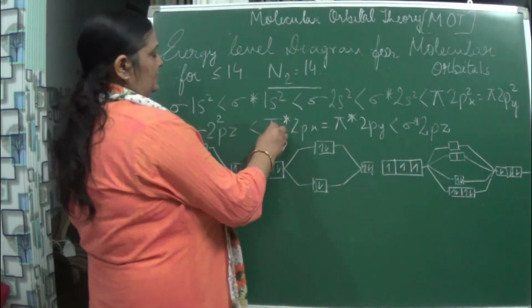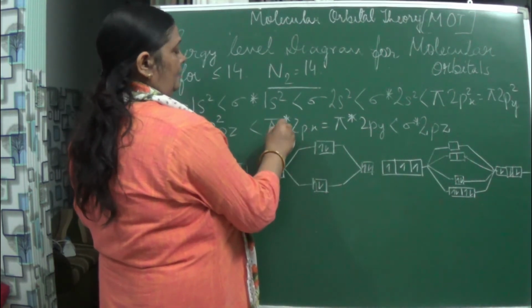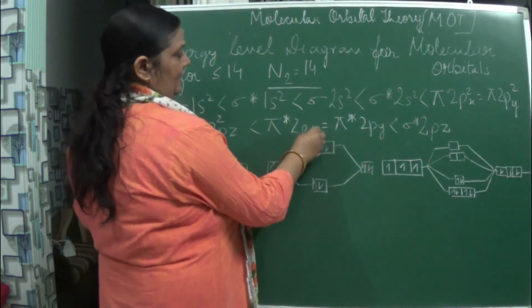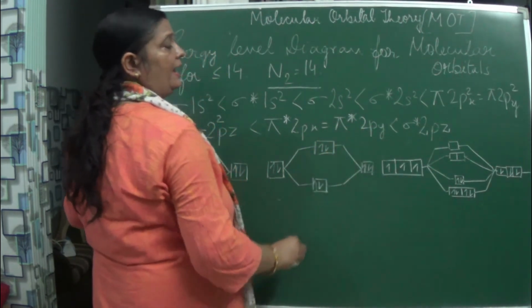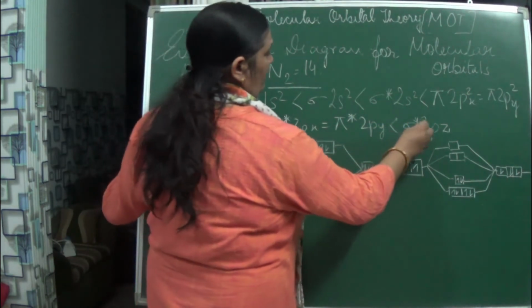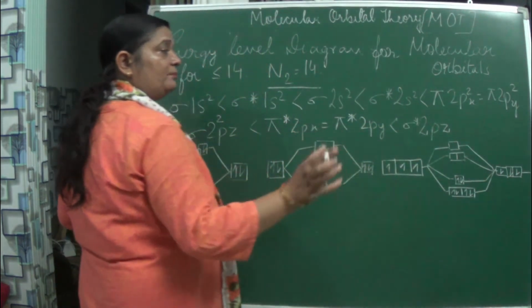And here the anti-bonding pi 2px equal to anti-bonding pi 2py, and then the anti-bonding 2pz.